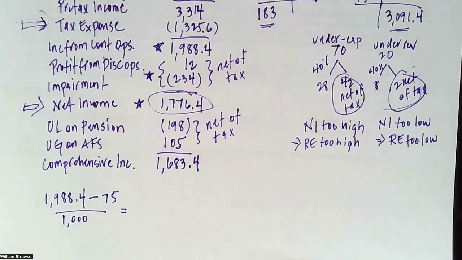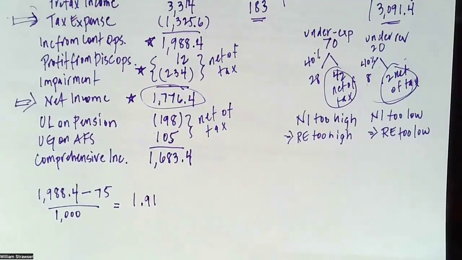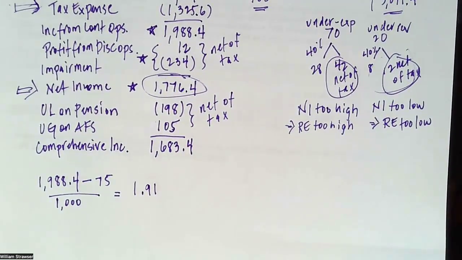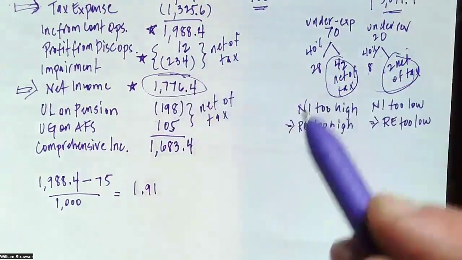So doing this math, subtracting the 75 from my income from continuing ops, and then dividing that by 1,000 gives me $1.91 per share. That's my first EPS figure. The next EPS would be the adjustment of the discontinued op.